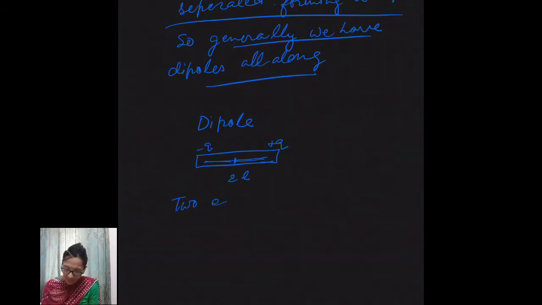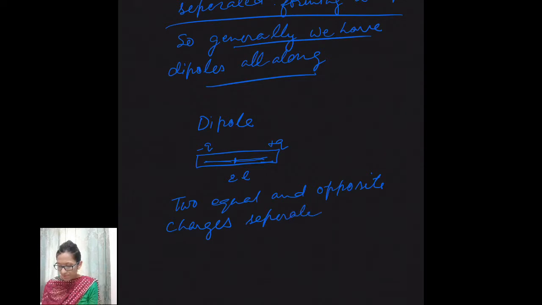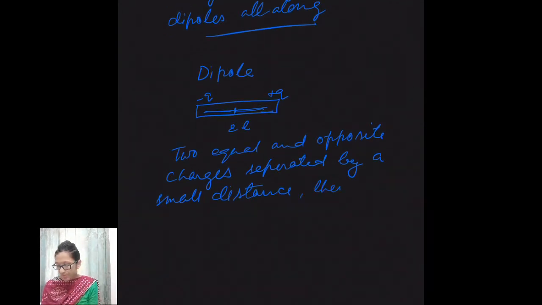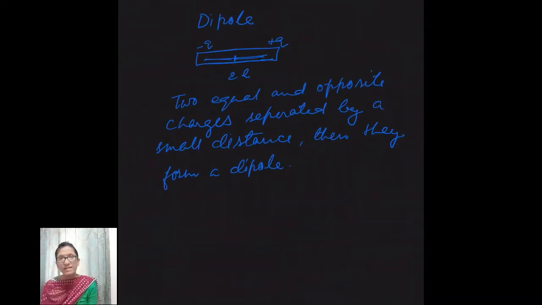Two equal and opposite charges separated by a small distance form a dipole, and now this dipole has some moment.